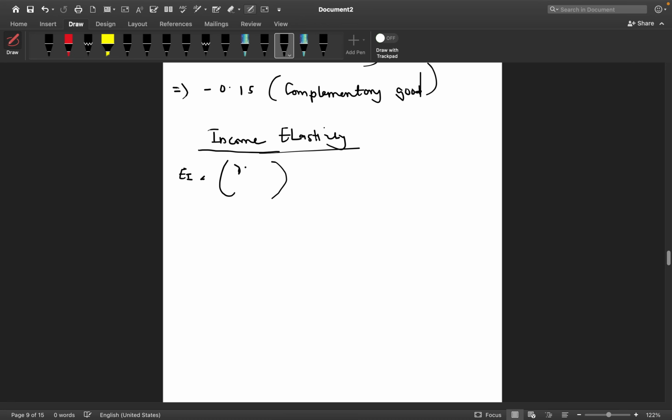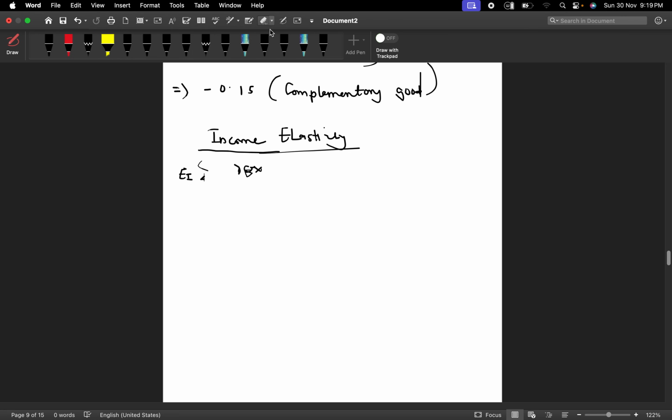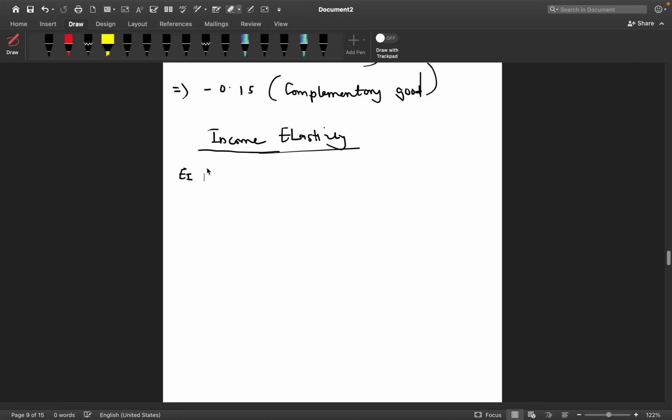So derivative of QoS over derivative income, the variable was M. So this is M over what?